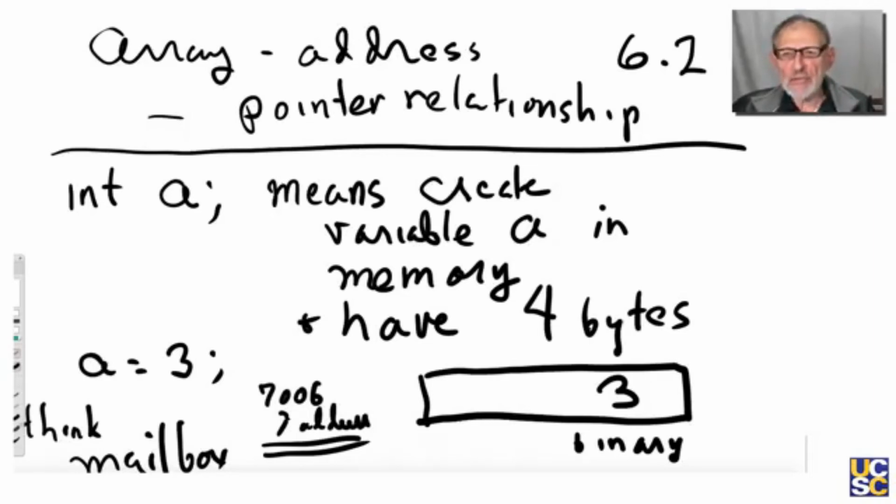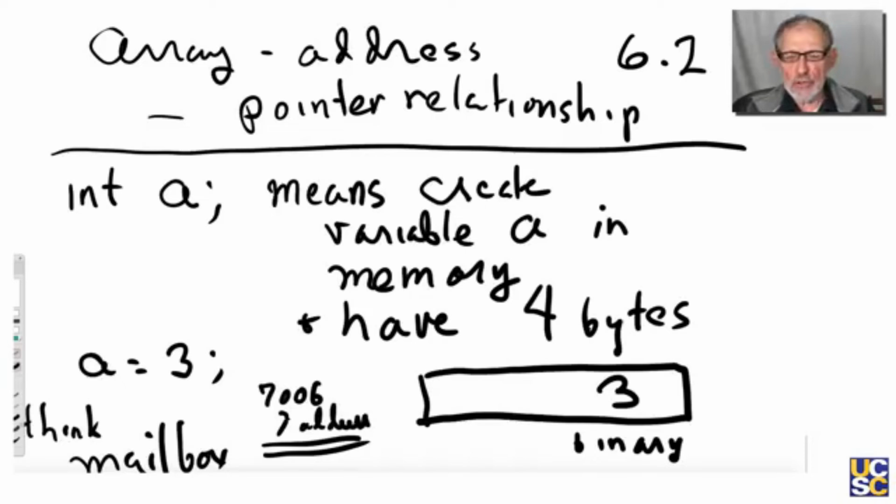And the array has a very strong relationship with another data type called a pointer. So we're going to start to explore the connection between array, address, and pointer. Now, a simple data type like an integer: when we say integer a inside a block, it means create a variable in memory, and the memory needs to be as many bytes as needed to store appropriately the values that are allowed for an integer.